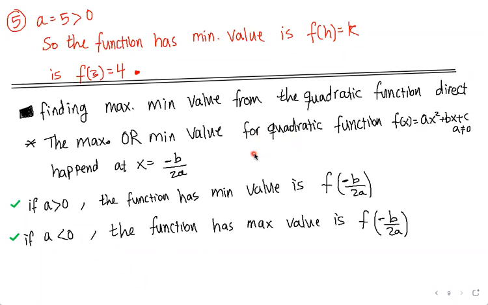To find the maximum or the minimum, I first find x equals minus b over 2a. Then I check a. If a is positive, the function has a minimum value. If a is negative, the function has a maximum value. The value is f of minus b over 2a. Example for that. Yeah, sure.